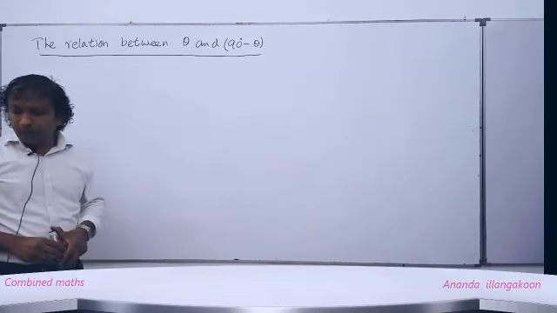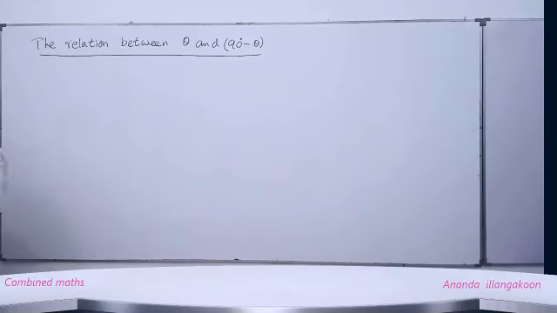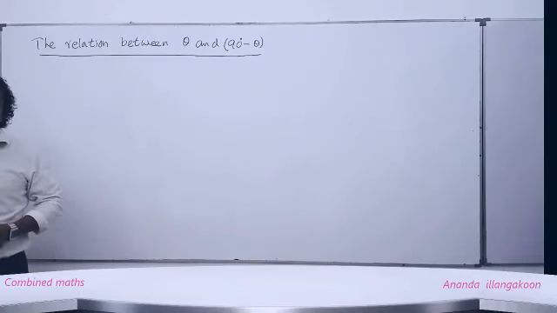Okay. Now, this is what, people, we are supposed to do. First, I am going to take, in the plane of quadrants, the position of OP making an angle theta. Secondly, people, I'm going to take this OP making an angle 90 minus theta with the positive x-axis.